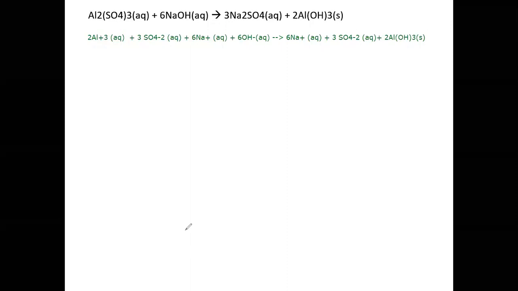So now you look to see what is exactly the same on both sides of the equation. We have 3 sulfate, 6 sodium, 6 sodium on both sides. So these get crossed out.